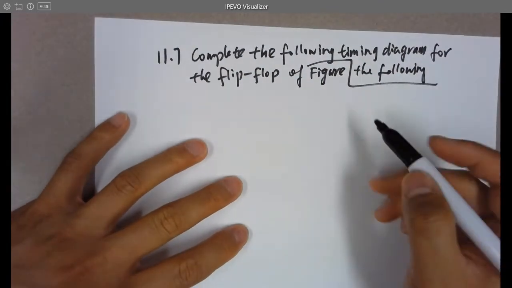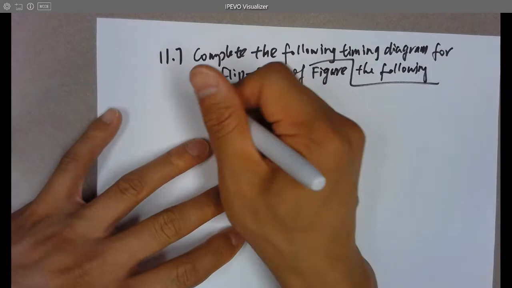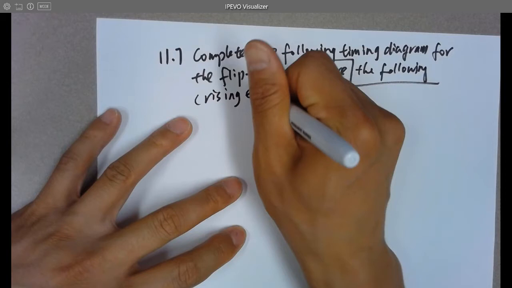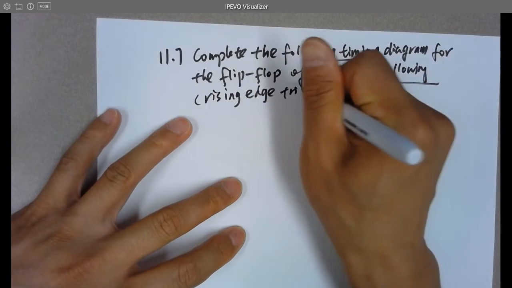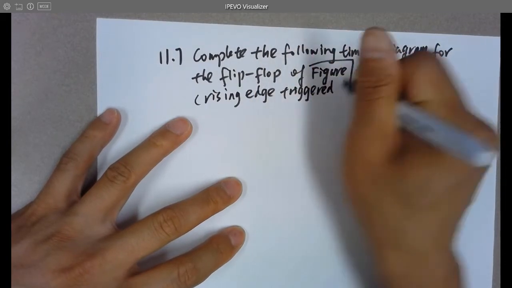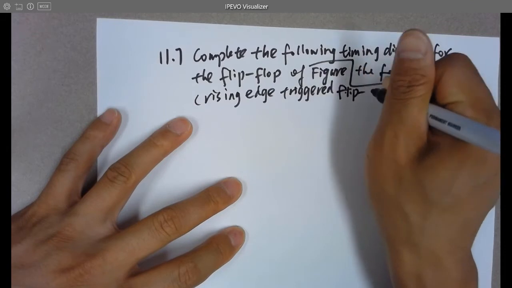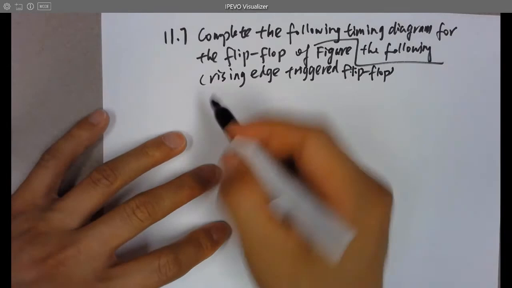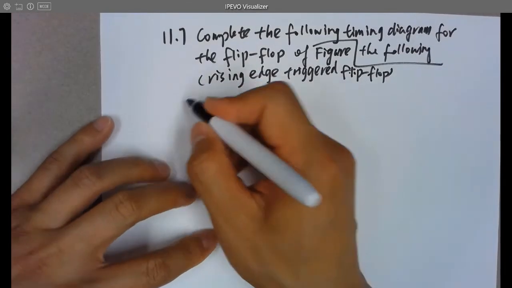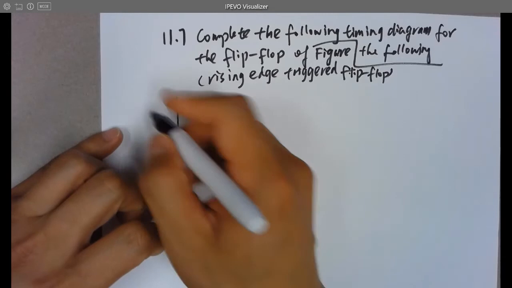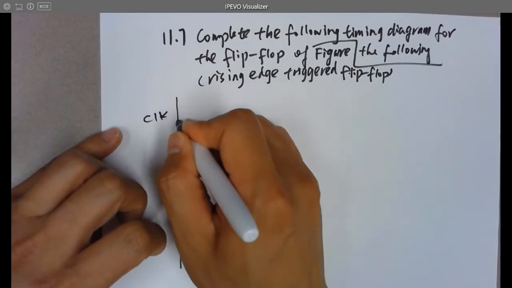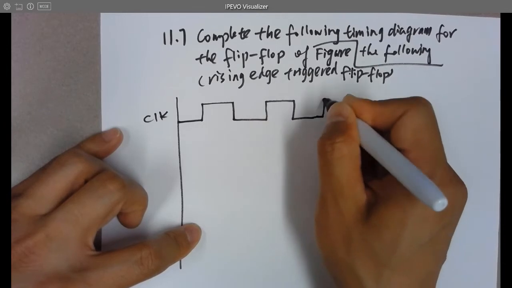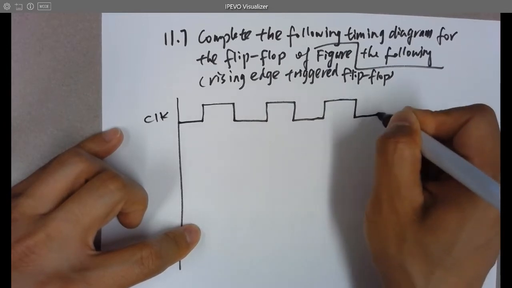So that's a rising edge triggered JK flip-flop. Here is a clock waveform, a 50% duty cycle, perfect clock.